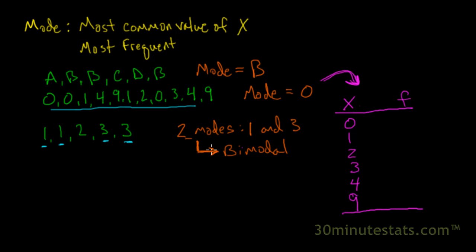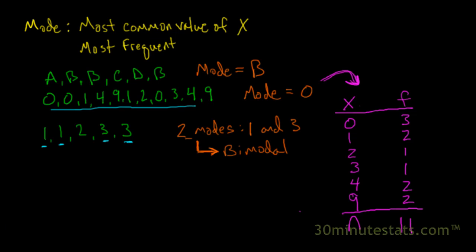Okay, and we'll see here that there are 3 zeros, 2 1s, 1 2, 1 3, 2 4s, and 2 9s. And so this gives us a sample size that's equal to 3 plus 2 is 5, plus 1 is 6, plus 1 is 7, plus 2 is 9, and another 2 is 11 observations here.